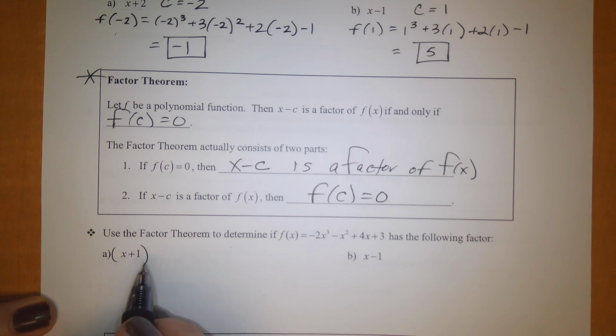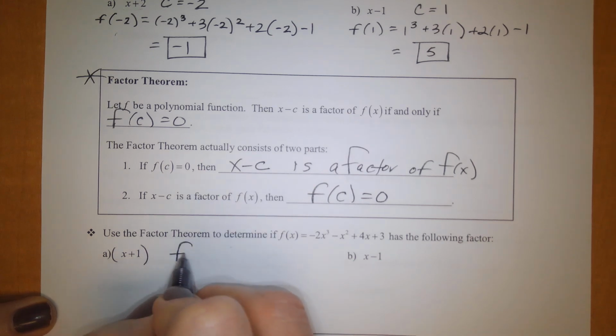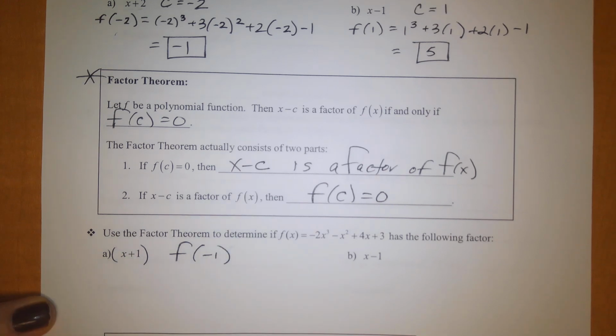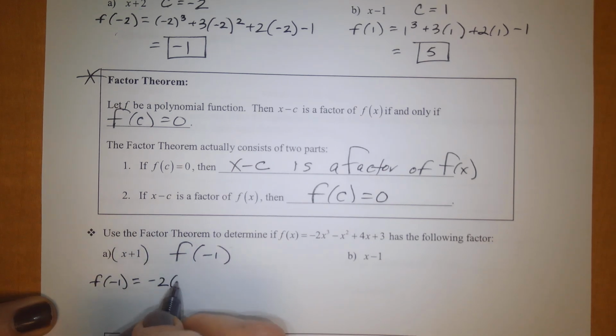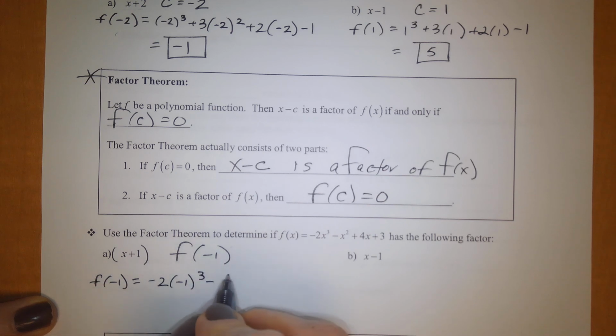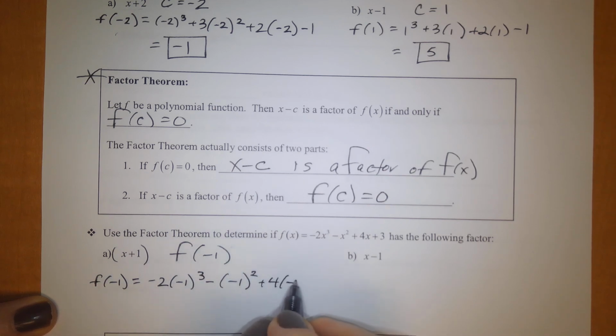A shorter way to determine whether it has a remainder of 0 is just to find f of negative 1. So let's find f of negative 1 and determine what the remainder is. Negative 2 times negative 1 cubed minus negative 1 squared plus 4 times negative 1 plus 3.